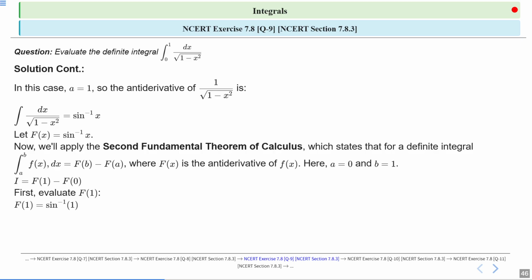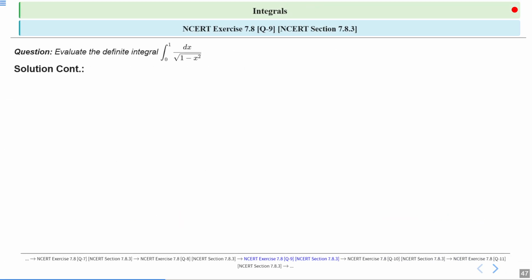So capital F1 is sine inverse 1. We need to find the angle whose sine is 1, that is pi by 2 radians. So the value of sine inverse 1 is pi by 2. Okay, we can substitute in place of 1, that is sine pi by 2, and sine inverse sine pi by 2 is pi by 2.